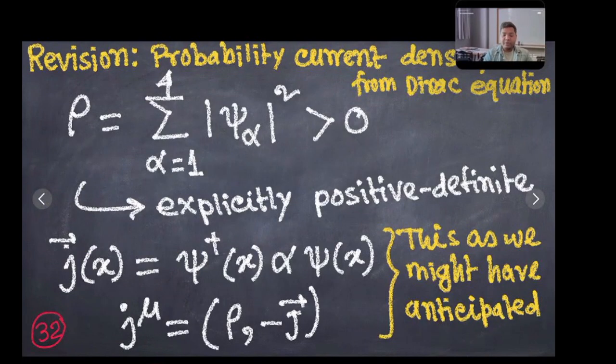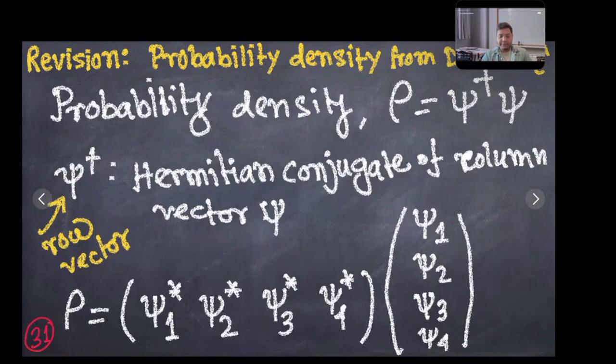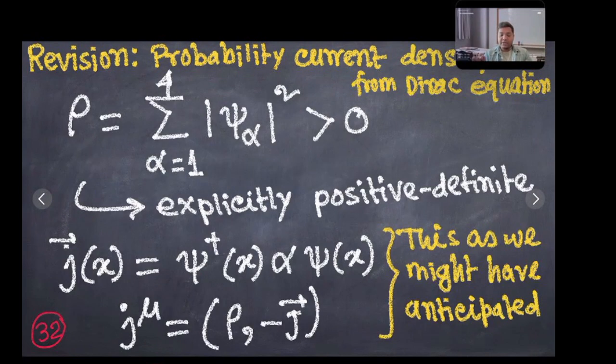It will always be positive because it is just the multiplication of a matrix with its complex conjugate. So by definition, the probability density is supposed to be positive. This was expected, not a surprise, because that is how the equation itself is defined.